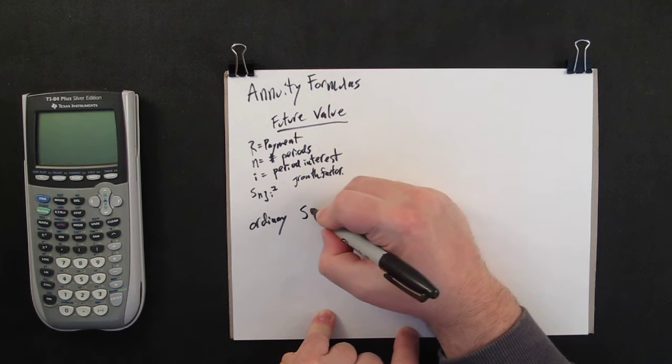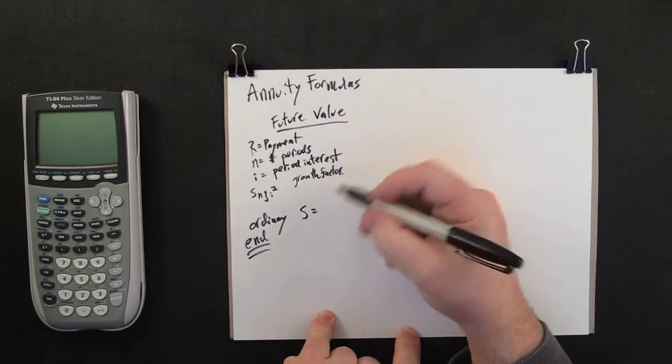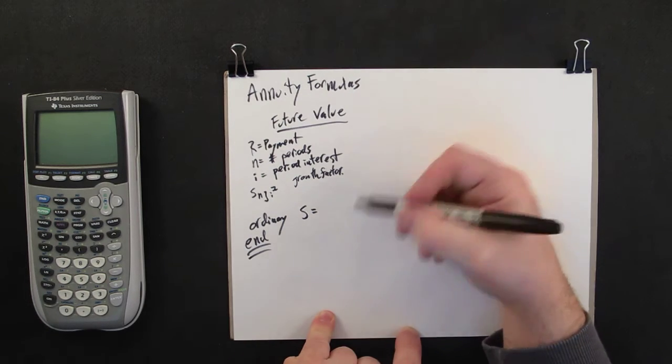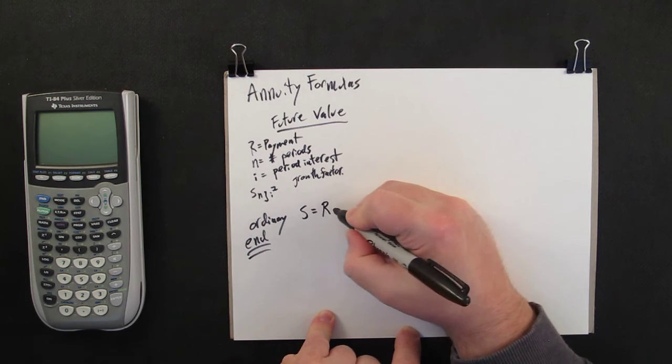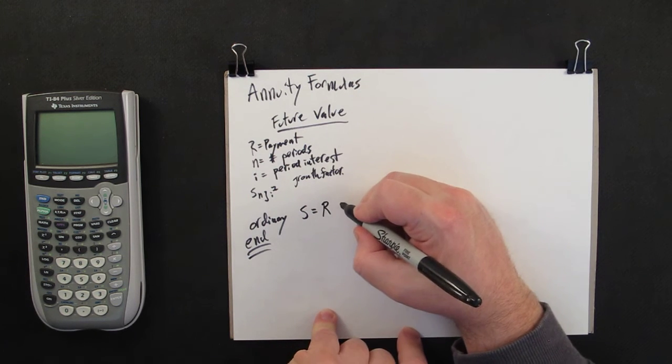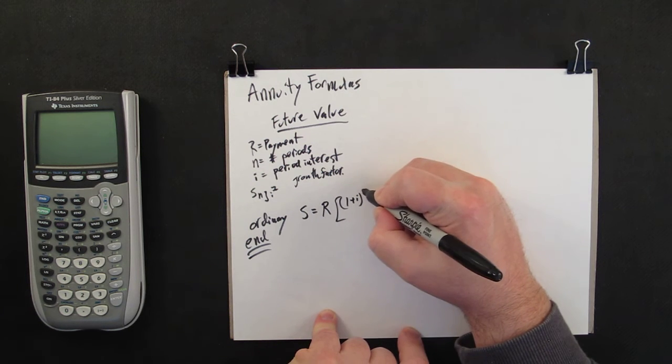So that's going to be, so here the key is you see payment at end. So the payment is at the end of the month, end of the quarter, end of the year. So the future value will be the interest rate times this growth factor term.